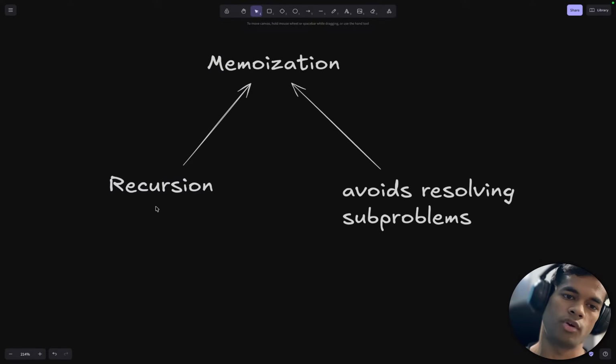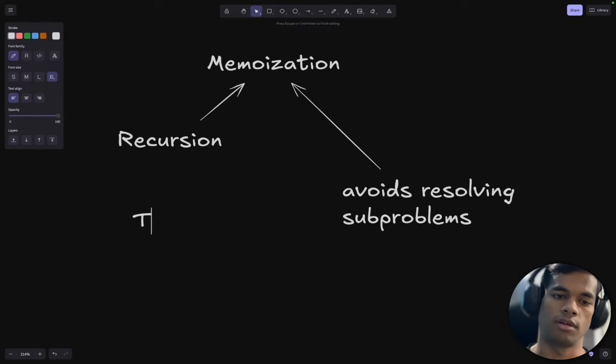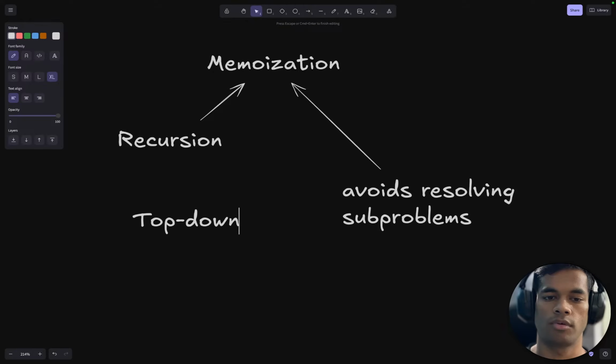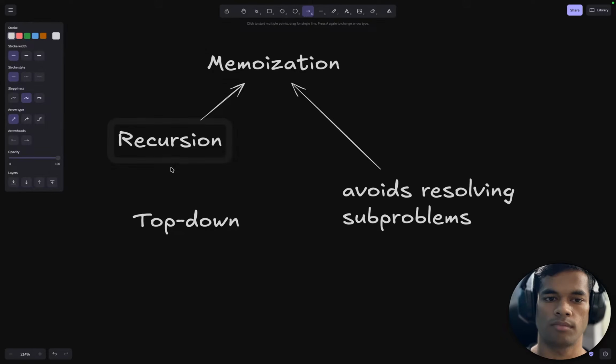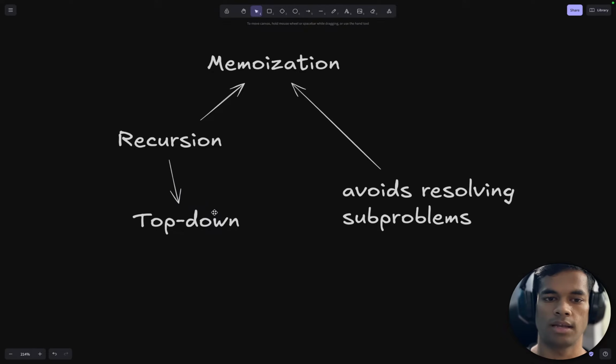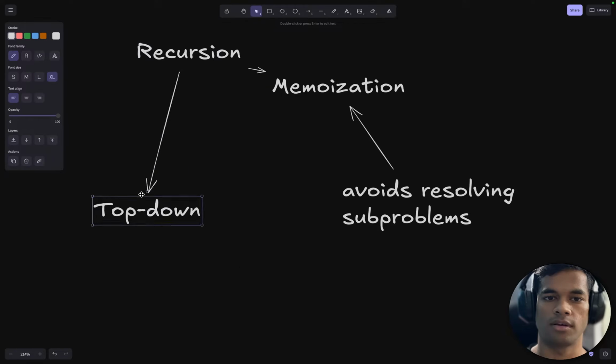Let's just write top-down approach. Recursion uses the top-down approach, and if we use memoization with recursion, we are much better.